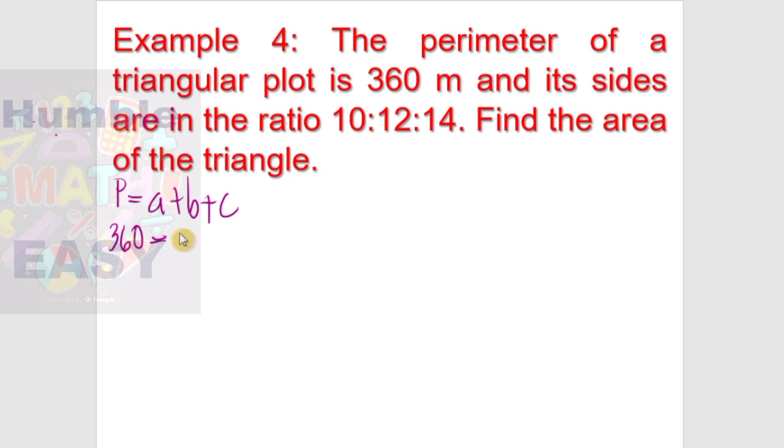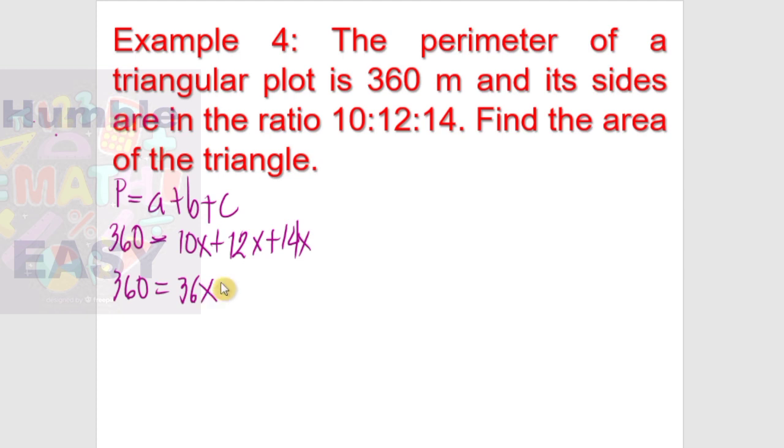So we now have 10x plus 12x plus 14x. So 360 is equal to 10 plus 12 is 22, plus 14, and we have 36x, right?